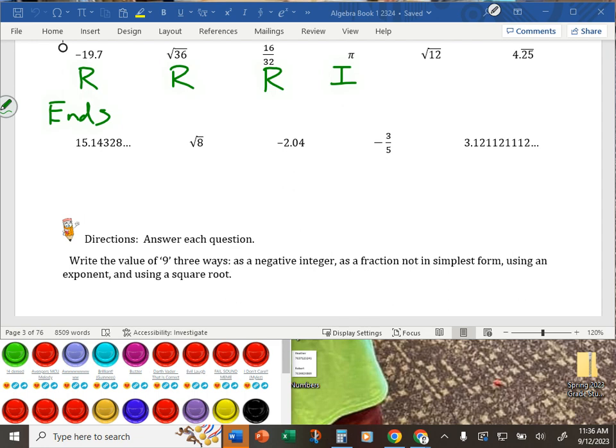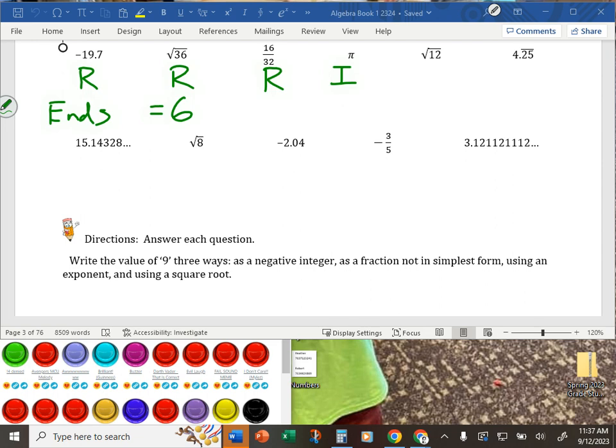What does it equal? 6, right? Root 36 equals 6. That's all I need. It's a perfect square. What times itself is 36? 6 times 6 equals 36, making that a perfect square, meaning it's rational. Now, if you put equals 6, and then you want to write that it ends, sure, because the decimal does end.